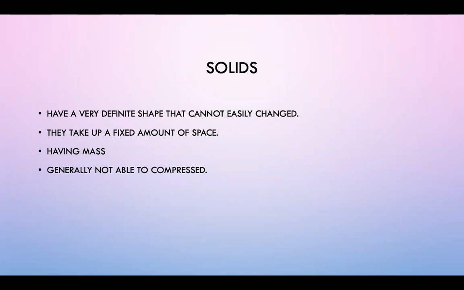Generally, not able to compress. Not able to compress means, generally, but in special cases there are methods of compressing. Compressing means the space taken by the object cannot be changed. Generally, there are special occurrences where you can change the space, but normally you can't.